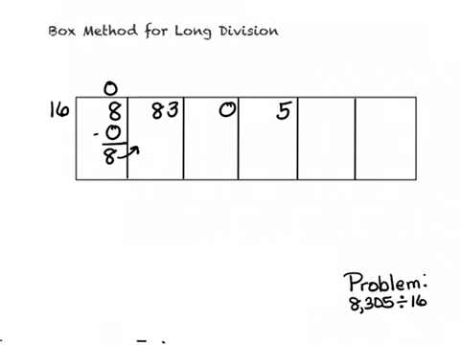You make a guess. So you can either start subtracting your 16s from 83 if you want. So you can start with 83 and start subtracting 16s to see how many will work or how many you can get out. There's 1. There's 2.